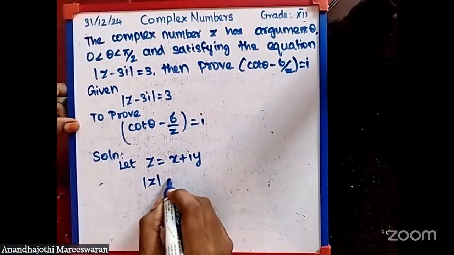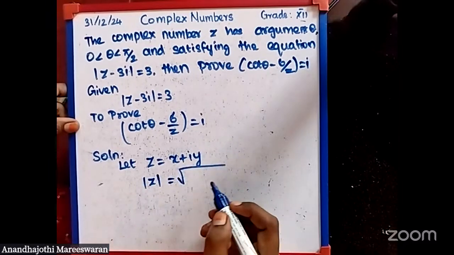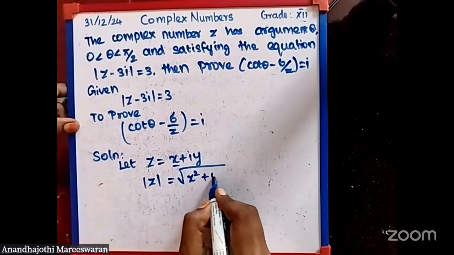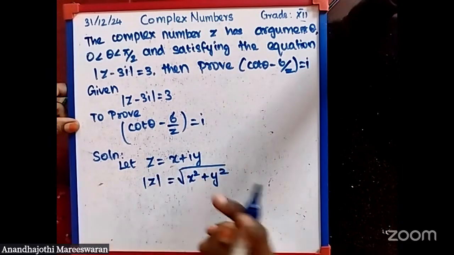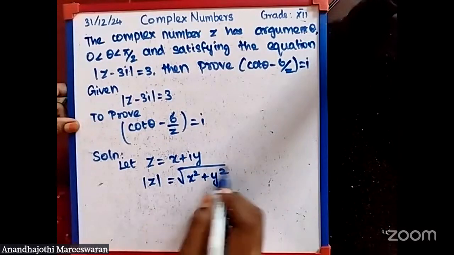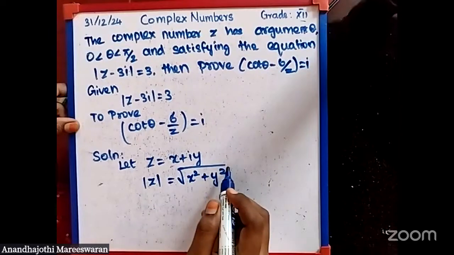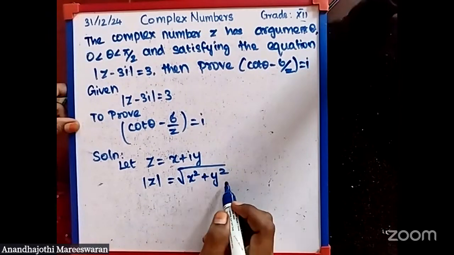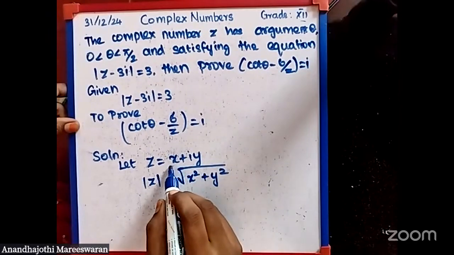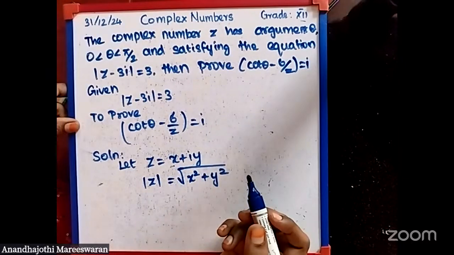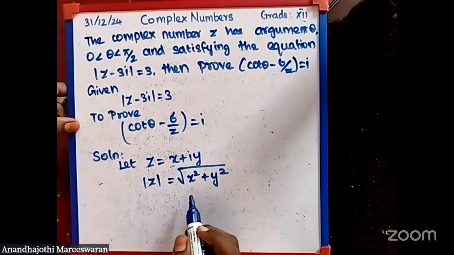So the modulus of z will be the square root of x squared plus y squared. Within the square root, there are two elements: one is the square of the real part, and the other is the square of the imaginary part. Is everybody clear with this?